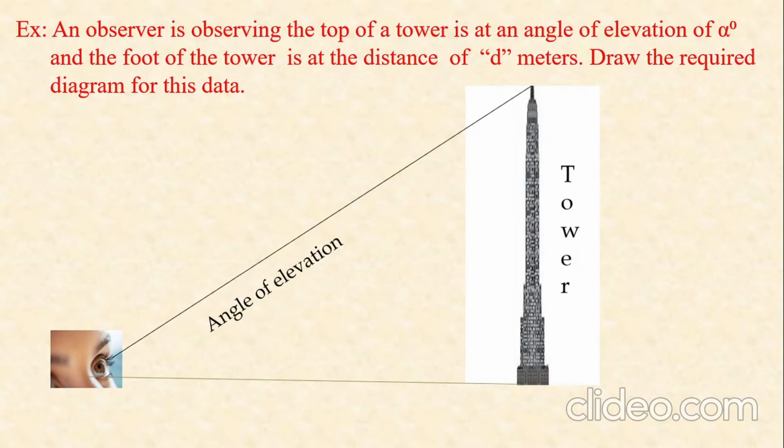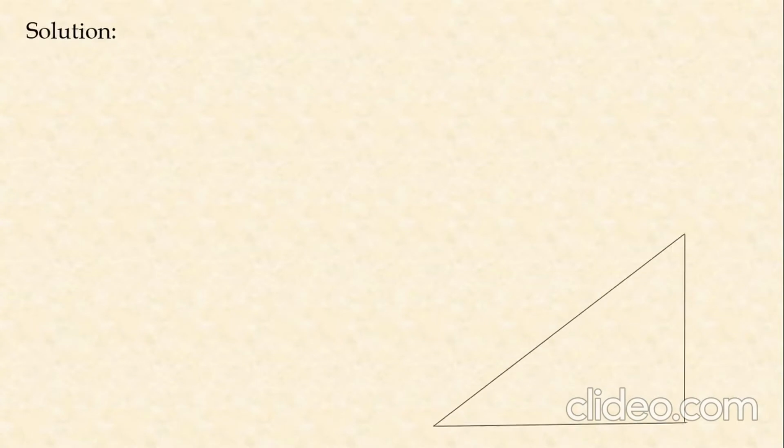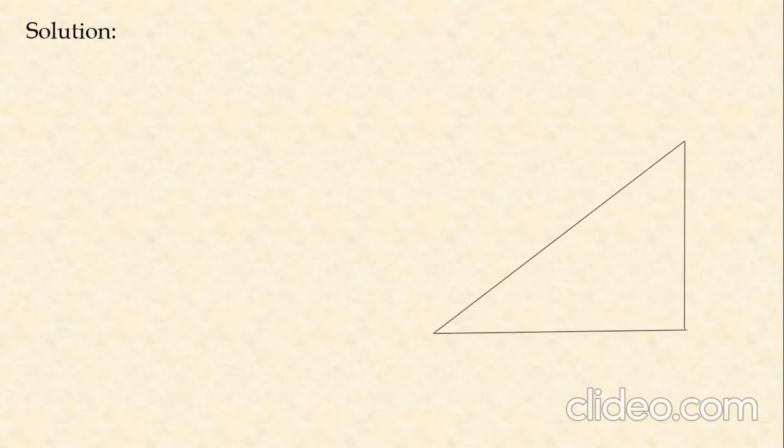And what is the angle of elevation given? Alpha degrees. This is alpha degrees. Now we are going to draw the actual figure. So this is the figure, a right angle triangle.